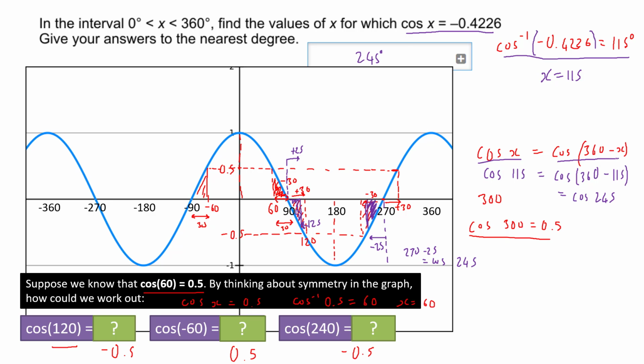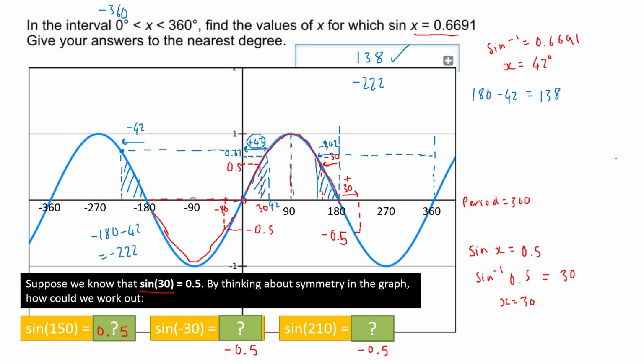And I want to just flick back to the sine slide, and that's why you get this formula, sine x equals sine 180 minus x.